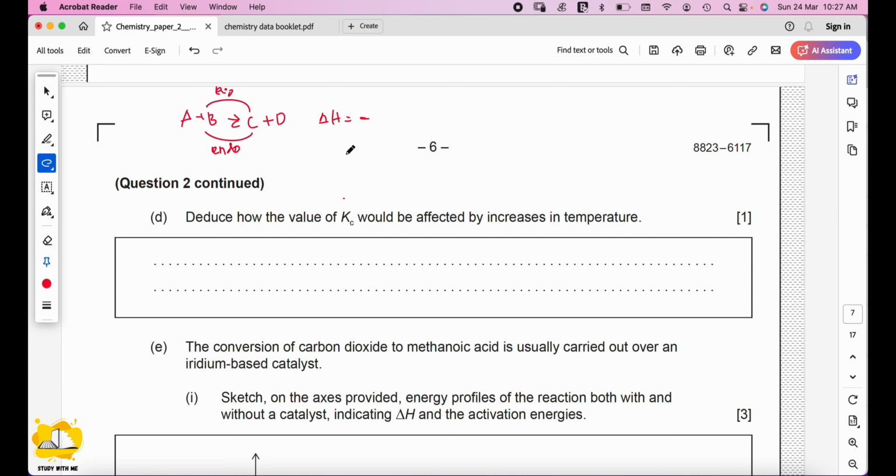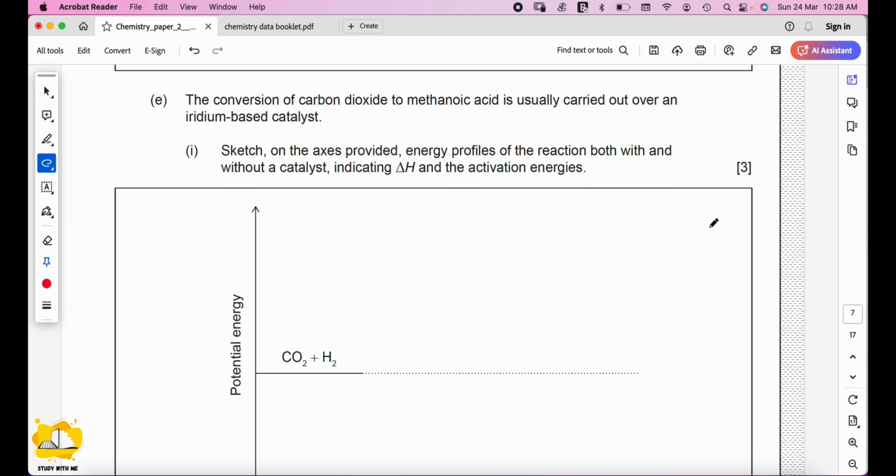It will shift to the left because it needs to take in heat and minimize the effect of change. So Kc decreases, causing the position of equilibrium to be shifted to the left, as it needs to take in heat and minimize the effect of change.